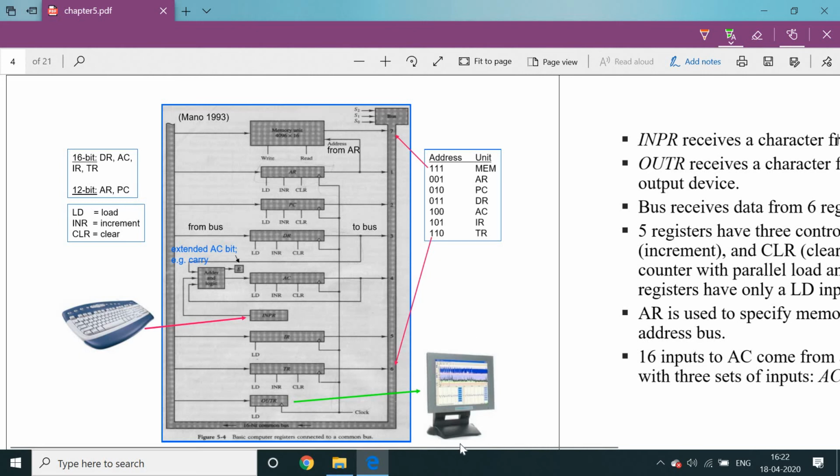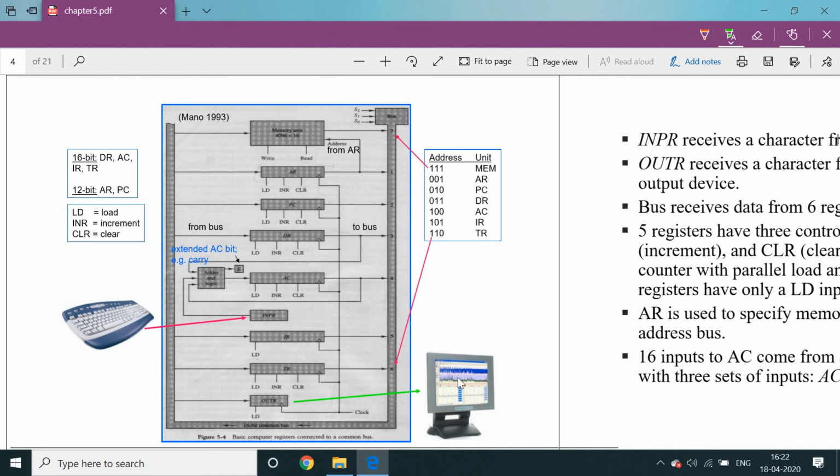Next, for the representation of the operation, there is the input register, with an indication from the keyboard. If any character is pressed, that character's 8-bit information is stored in ASCII format into the input register. If you want to transfer to output devices like a monitor, we read that character from the common bus and send it to the output devices.